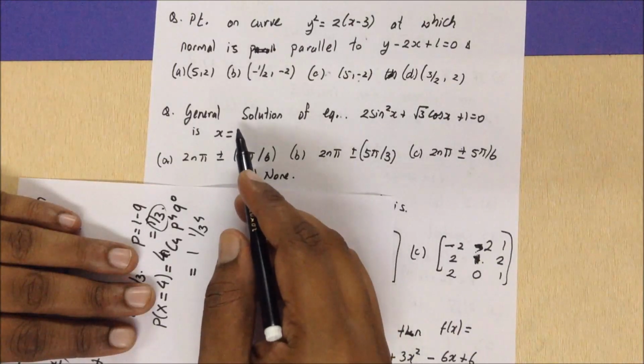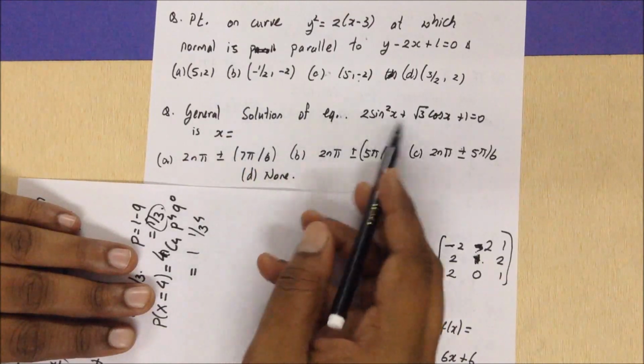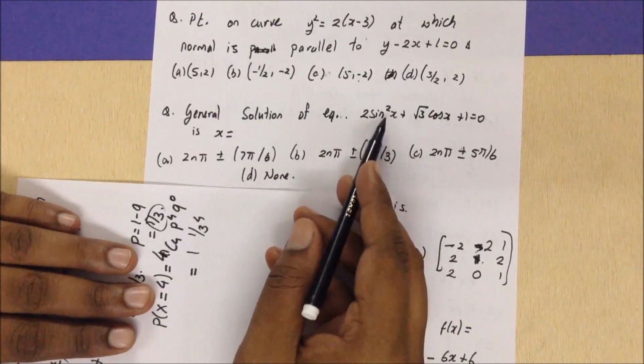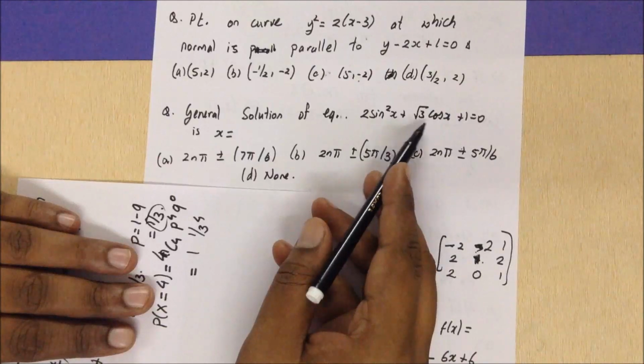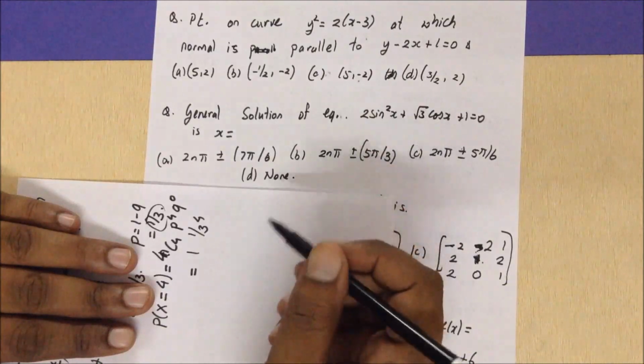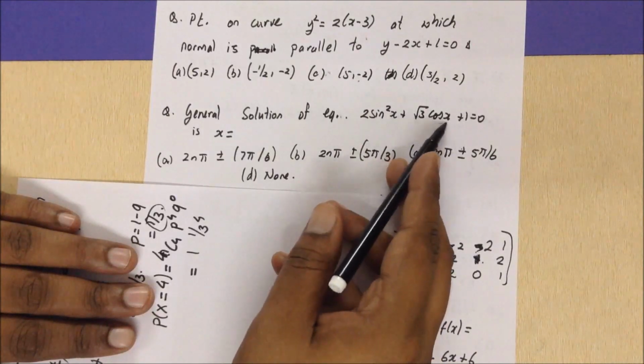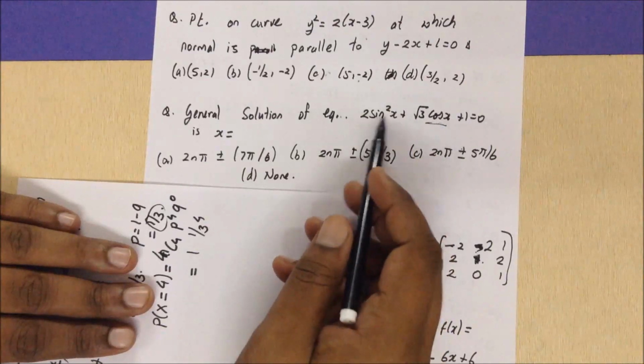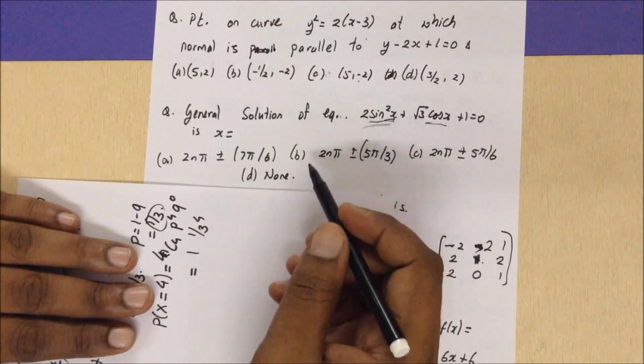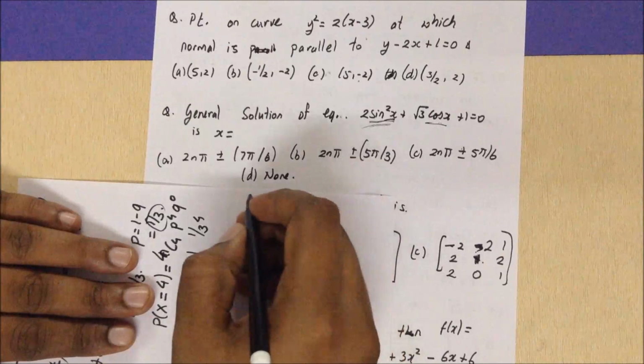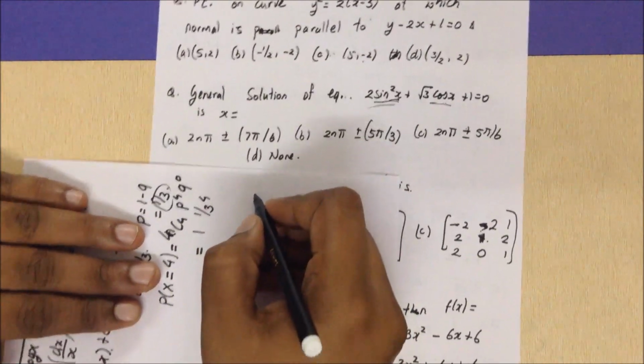Taking up the next question, we have to find the general solution of this equation, that is 2 sine square x plus root 3 cos x plus 1. So now what you see is that there is a cos x present over here. So you need to convert this sine square x into cos square x using the standard identity.